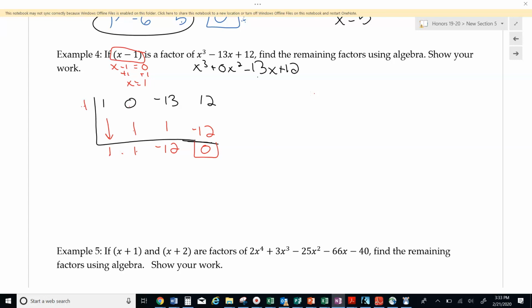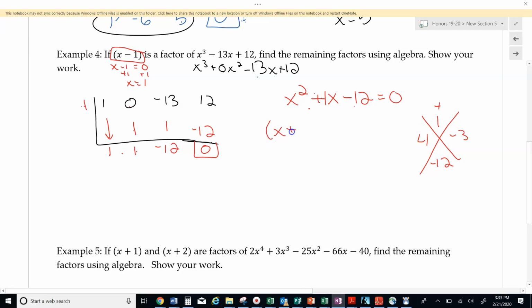Switching it over to my quadratic, I get x squared plus x minus 12. We are adding to 1, multiplying to -12. 4, -3. I get x plus 4, x minus 3 equals 0.